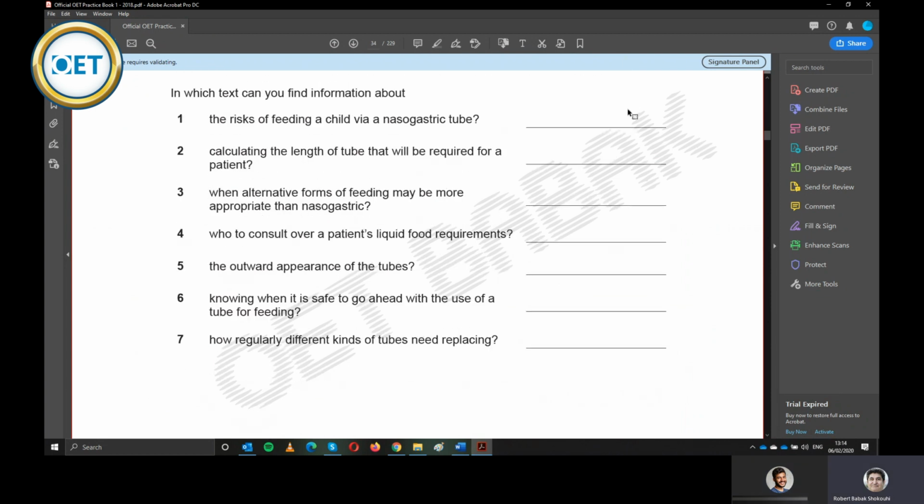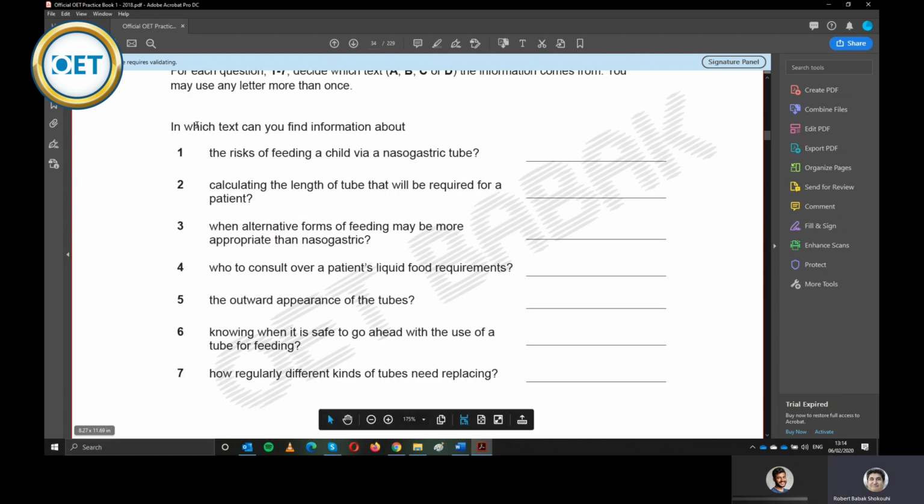But then when you come here, you've got these 7 questions. And it says, in which text can you find information about the risks of feeding a child via an NG tube? Okay. Can you guess where it might be?